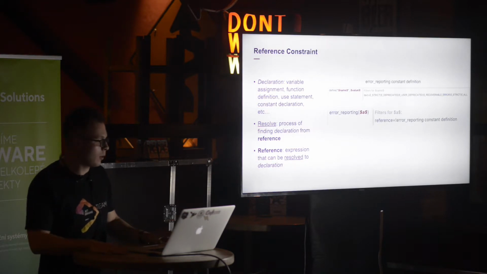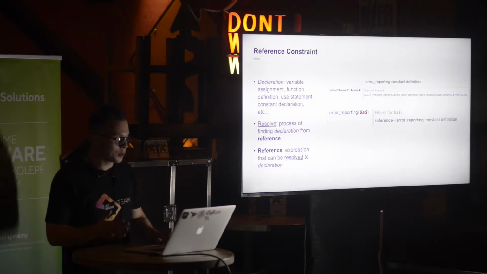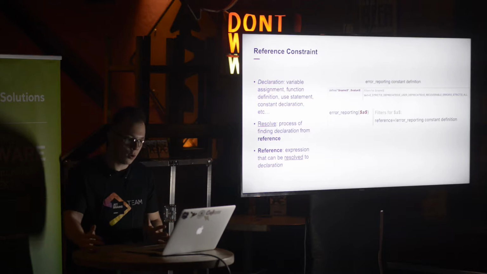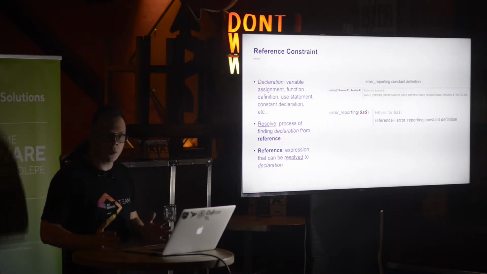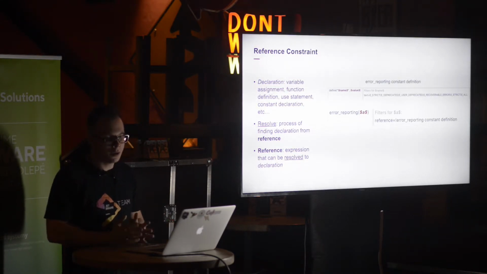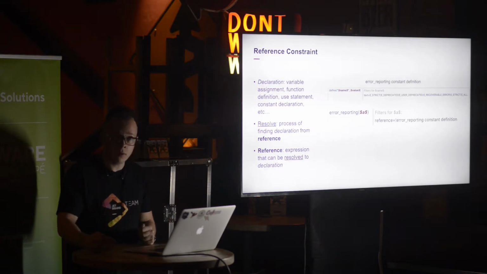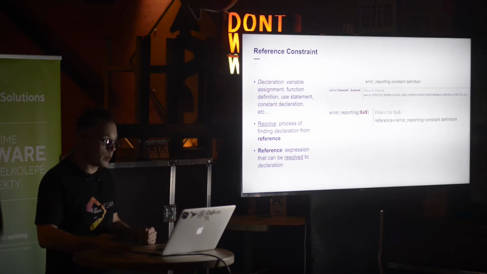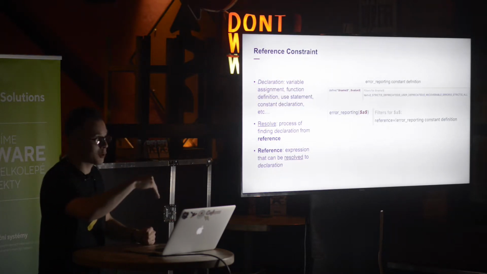And that's what will happen when such a template does the search. It first will find all error reporting function calls, and then it will filter their arguments by references. Then it will resolve all references in source code, and the resolved declarations will be matched against the first template.